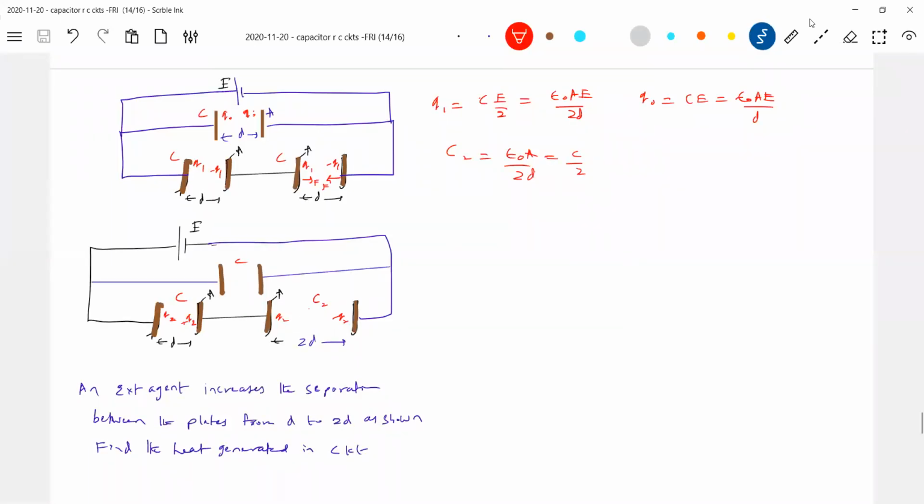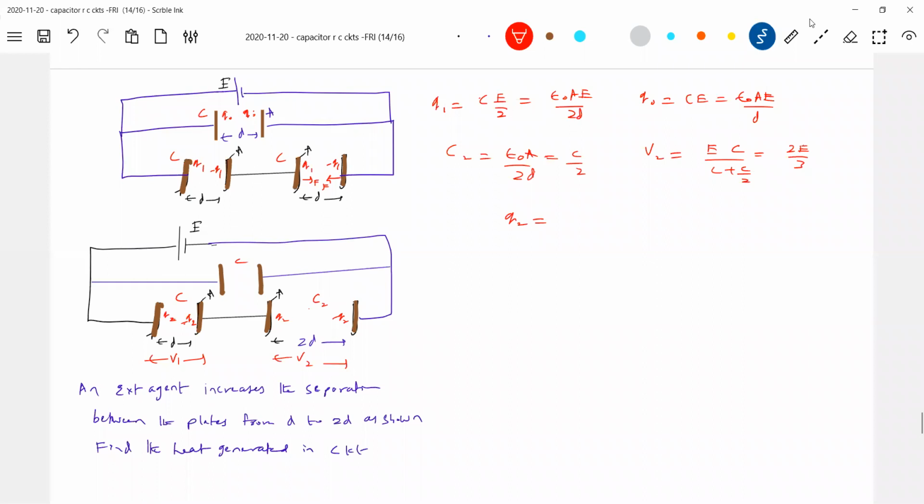This is having C by 2, and for the effective we go for the potential divider formula. V2 is equal to E into C by 2 upon C plus C by 2, which is 2E by 3, the potential.